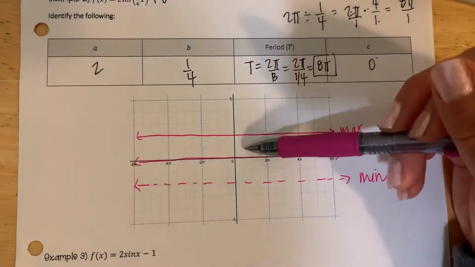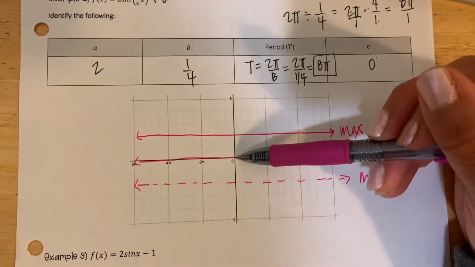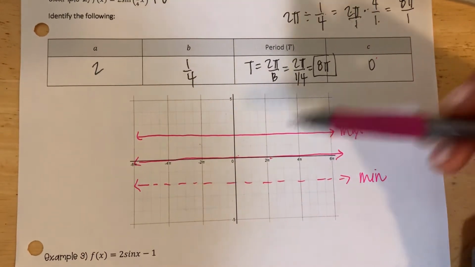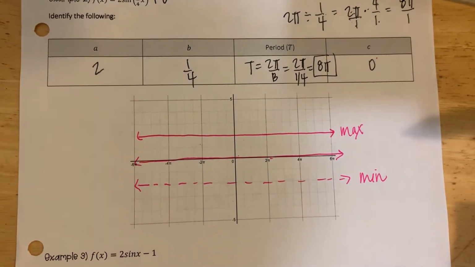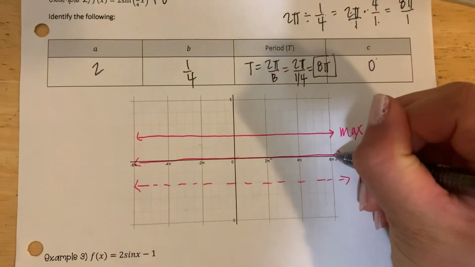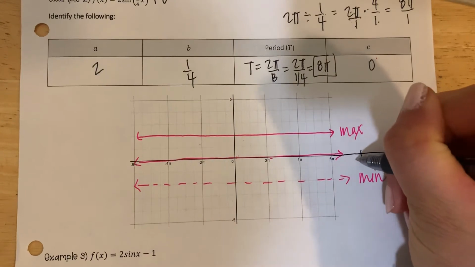Now, normally, our regular sine starts at 0, 0, goes up, goes back down, and it ends at 2 pi, right? But remember, our period is actually 8 pi. I should have scaled the graph better.